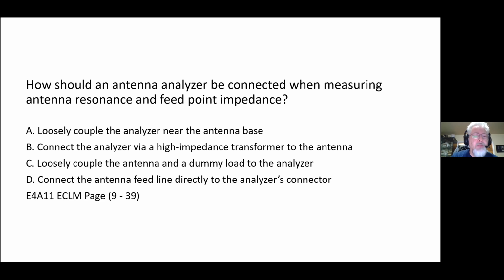C, loosely couple the antenna and a dummy load to the analyzer. D, connect the antenna feed line directly to the analyzer's connector. Correct answer is Delta. Connect the antenna feed line directly to the analyzer's connector.